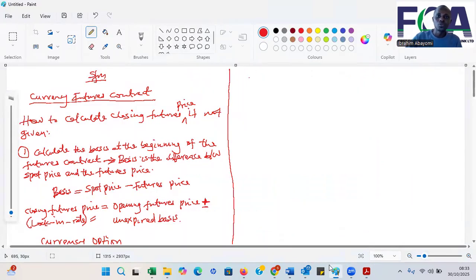So B, effect of the three alternative hedging methods.